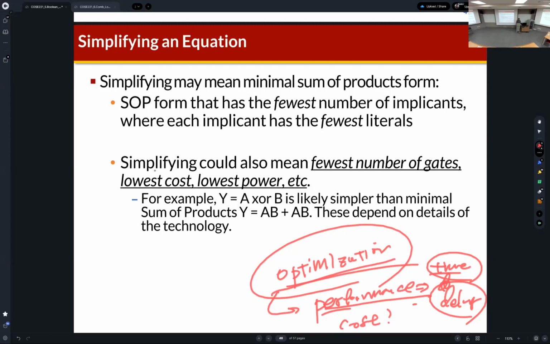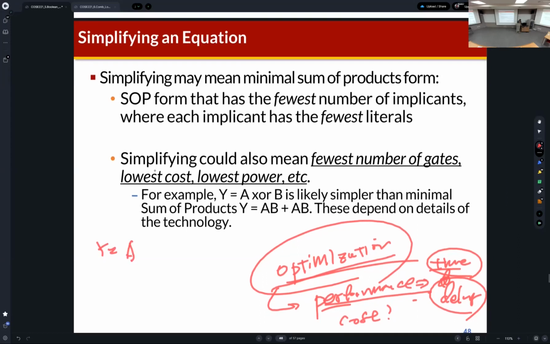What does that mean? So this is the example. So Y equals A exclusive OR B. And then we can also rewrite this function as like AB plus... this is not true.